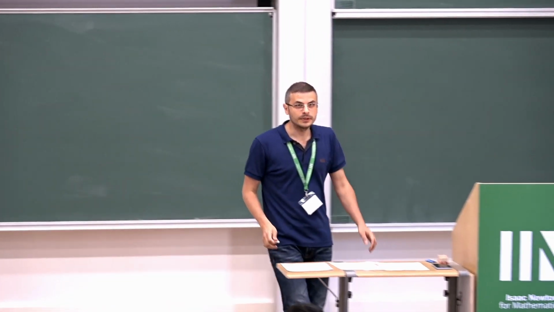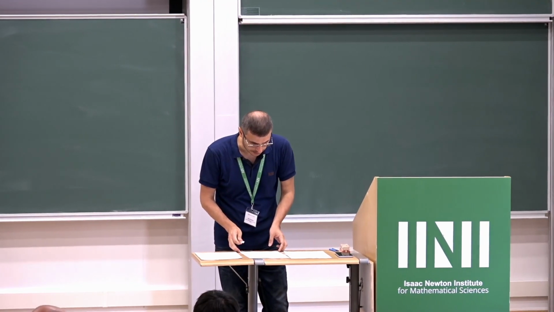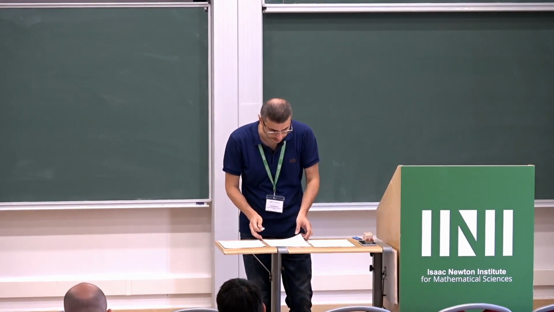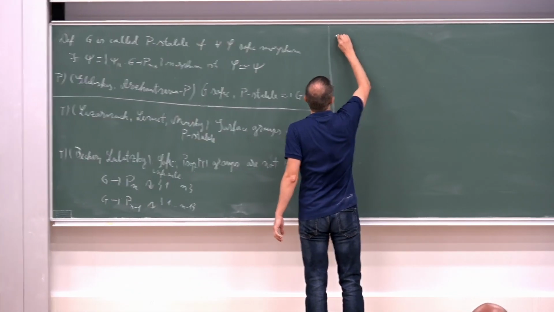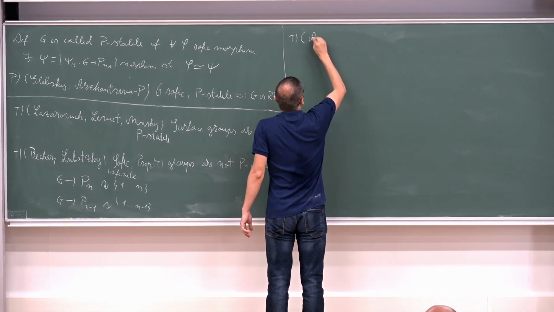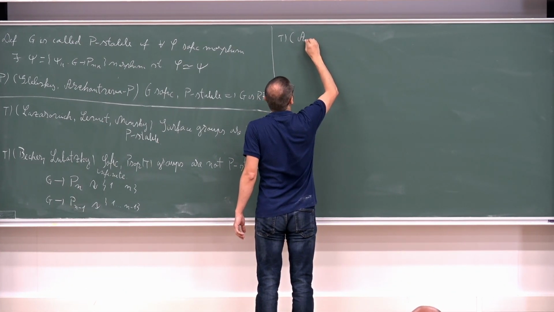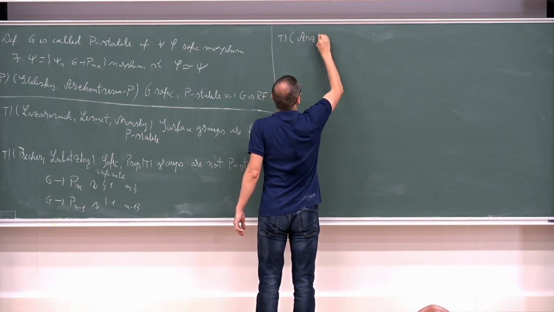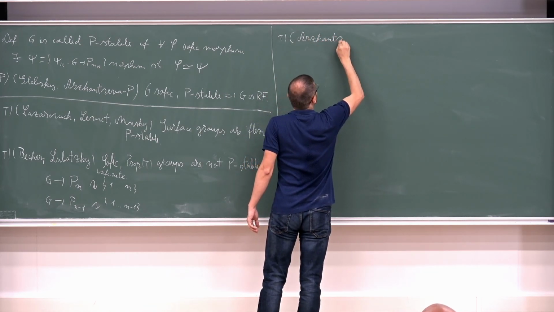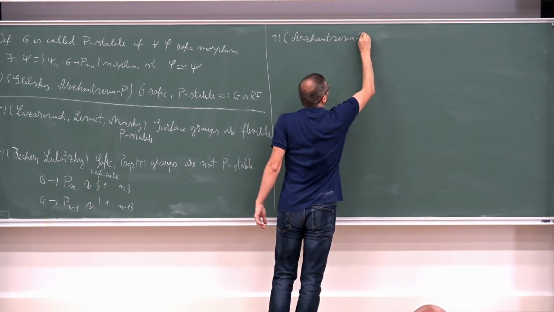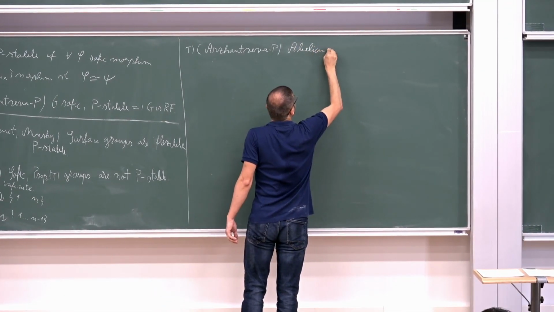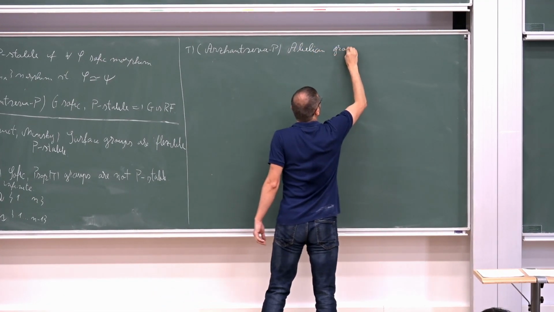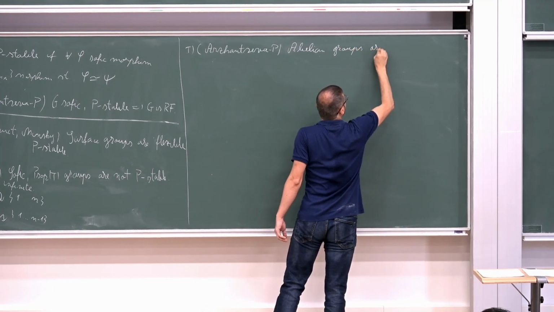Now let's talk about amenability. There are a series of three results. A joint work with Gulnara: abelian groups are P-stable.